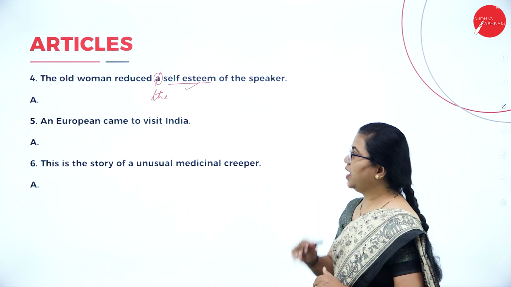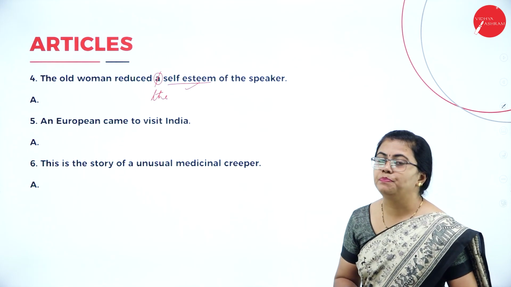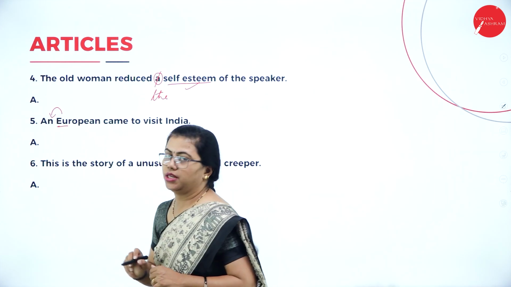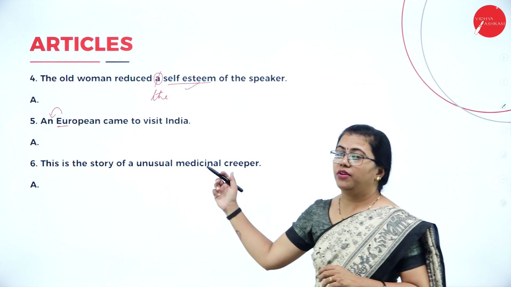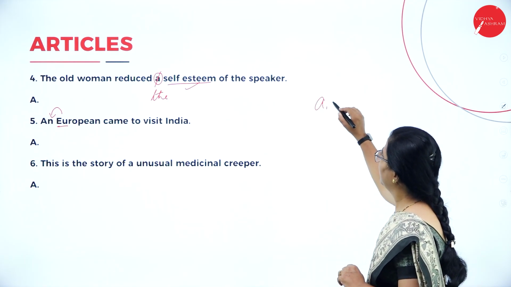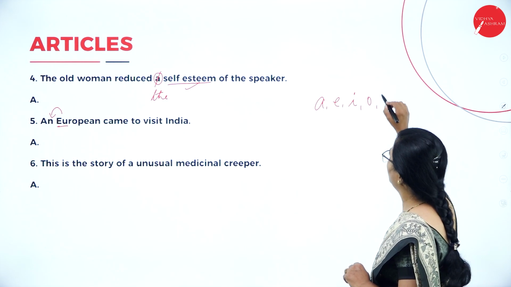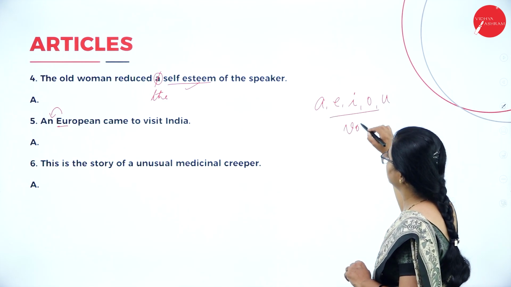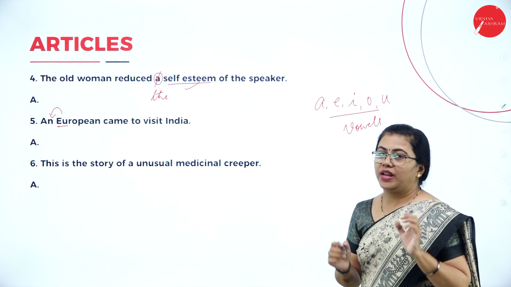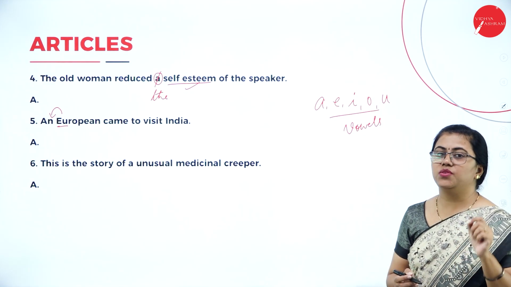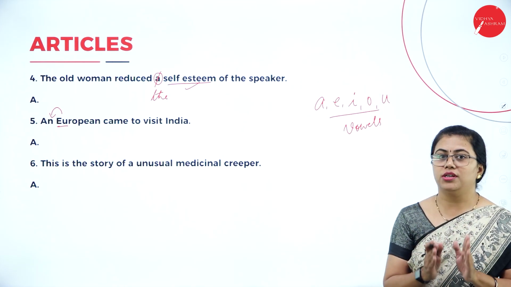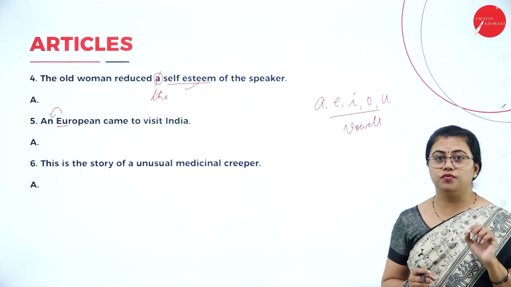Next, an European came to visit India. So here, European, before that I have used an article here. Whenever you are using something with vowels, you know vowels, right? A, E, I, O, U. These are called vowels. Remaining are called consonants. So whenever you are using articles with any words that are beginning with vowel sounds, please do not consider the vowels, but consider the vowel sounds.